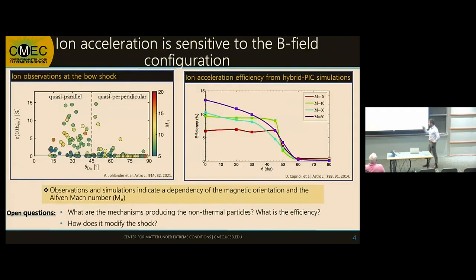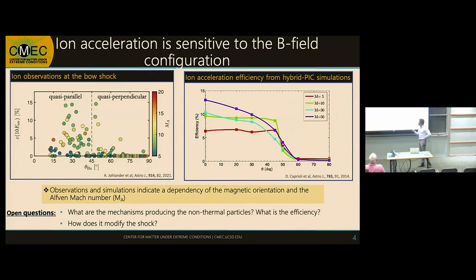In a very similar manner, a number of studies show that collisionless shocks are a perfect place to accelerate particles. They also notice that it is very dependent on the magnetic field configuration, so the orientation and strength of the field. On the left side, I now present results from a paper of Jolanda.